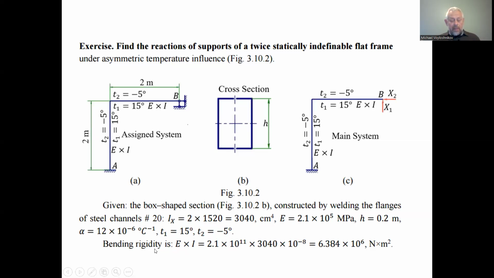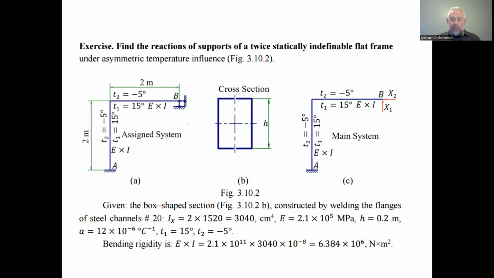So the bending rigidity: we multiply the elasticity modulus by the moment of inertia of these two channels welded together, and the rigidity characteristic is 6.384 multiplied by 10 to the power of 6 newton square meters.